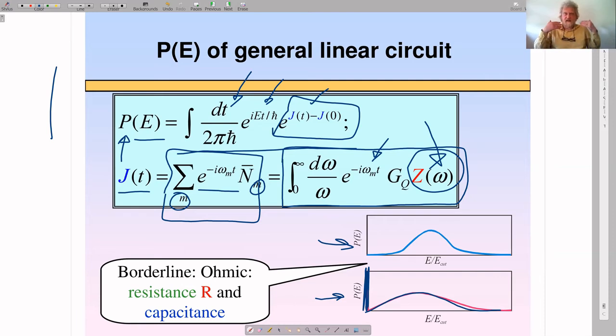On the other hand, impedance can be changed continuously, which means that there has to be a borderline between these two cases in the space of impedance. And it happens that this borderline is set just by the value of the resistance of the circuit.